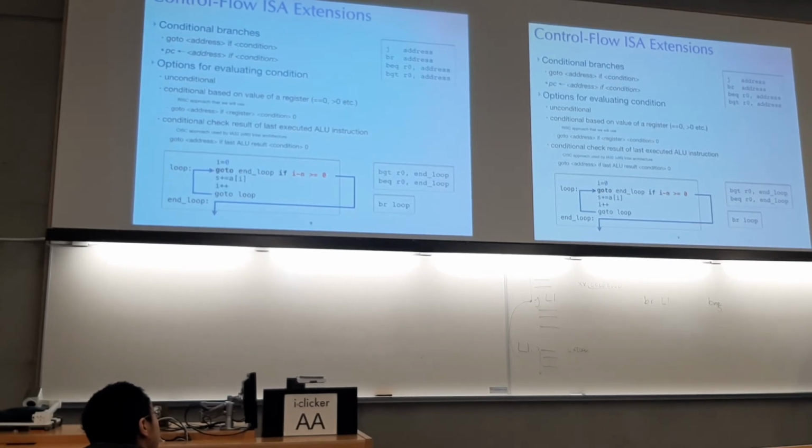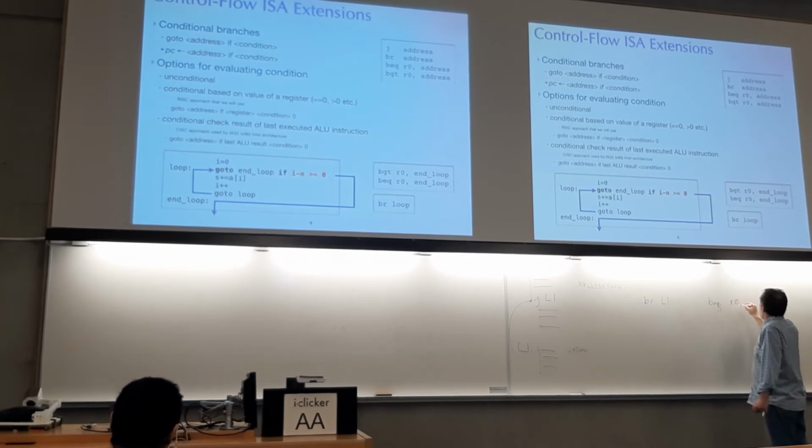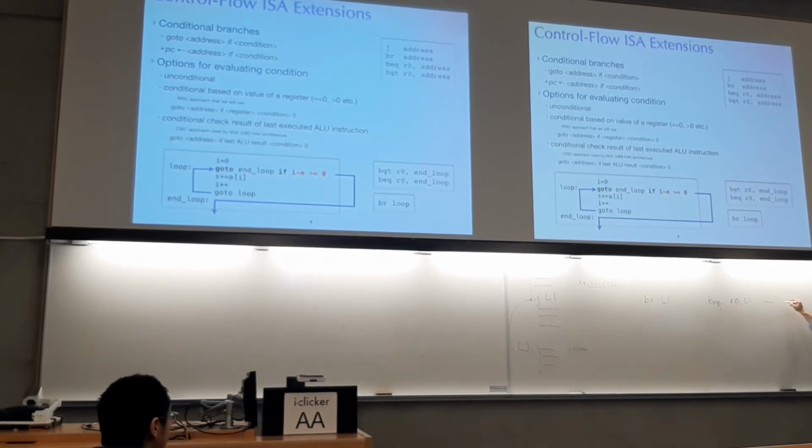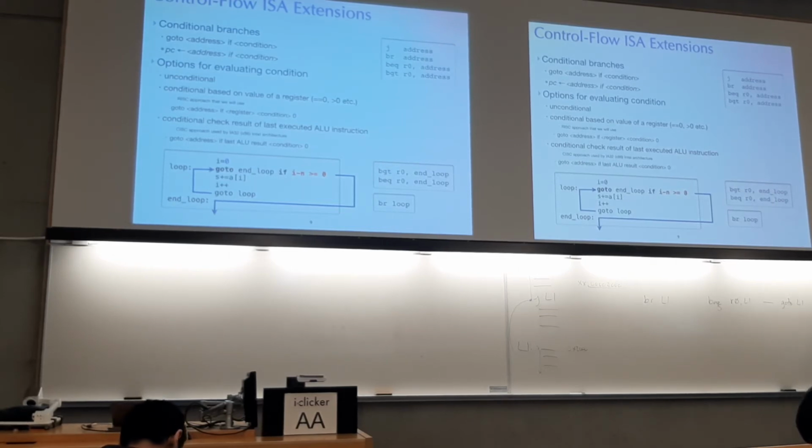And I list a register number that I'm going to test the value. So it might be, say, register 0 and L1. And what this means is go to L1 if the value in register 0 is equal to 0.